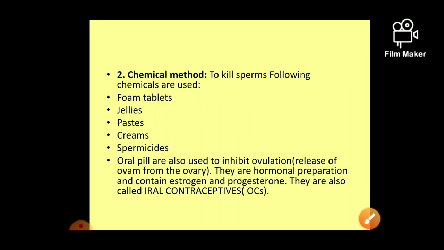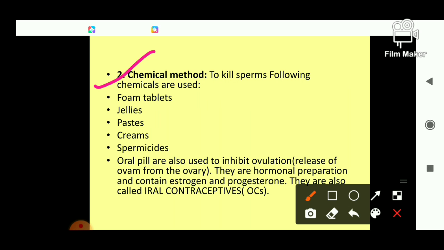Now, next is the chemical method. Foam tablets, jellies, paste, creams, and spermicides are some common chemicals used by females, and these are placed into the vagina. These chemicals adhere to the mucous membrane, and they kill the sperms. And oral pills are also there.